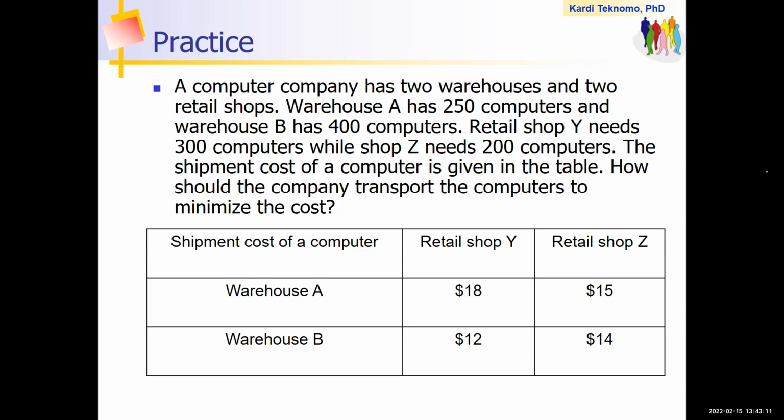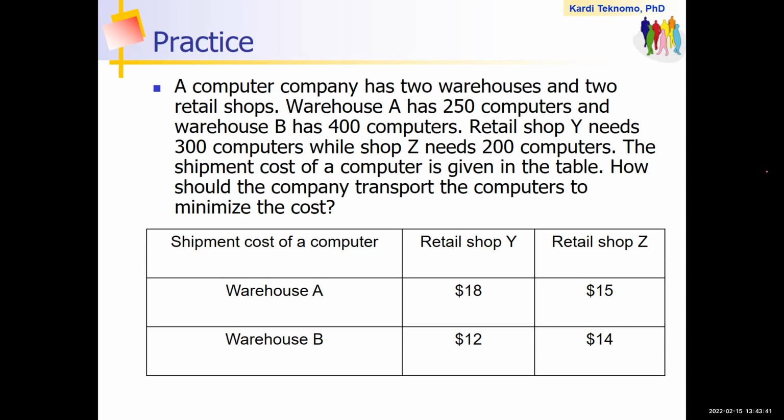Suppose we have a computer company with two warehouses, A and B, and there are only two retail shops, Y and Z. Warehouse A has 250 computers and warehouse B has 400 computers. Retail shop Y needs 300 computers, while retail shop Z needs 200 computers.